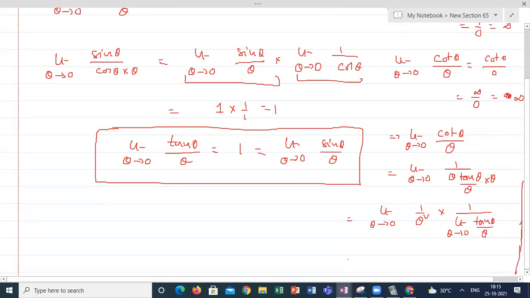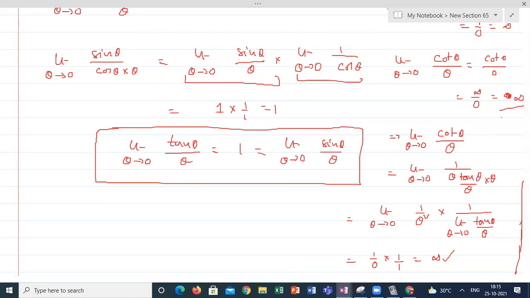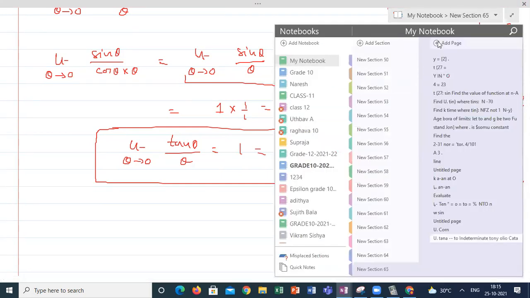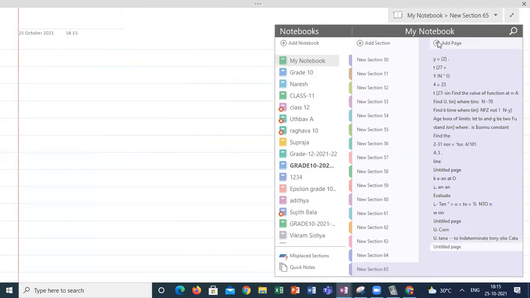From here, I will get 1 by 0 into 1 by 1. This is infinity. So here also I am getting infinity. Okay, is it clear? Yes, sir. It's not an indeterminate form. It is a determinate value whose value is infinity. That's it. Undefined value is different. Indeterminate is different.